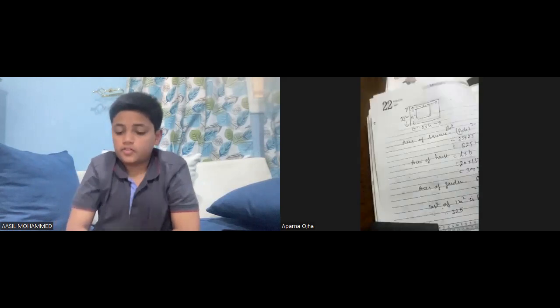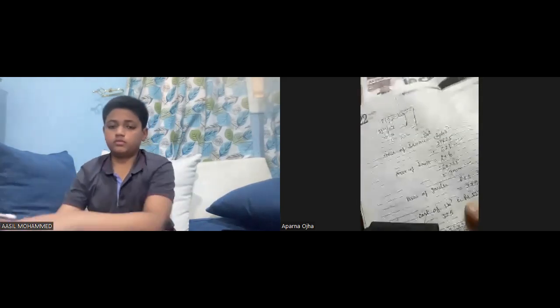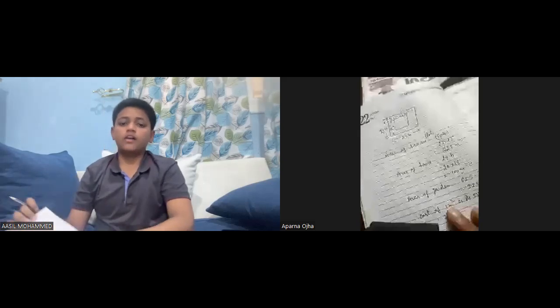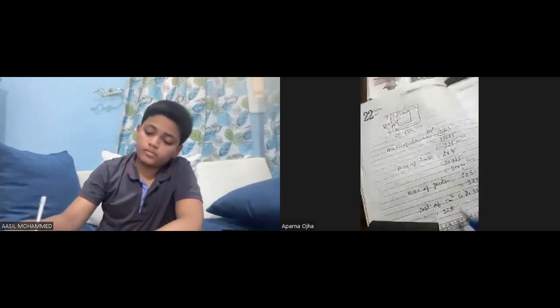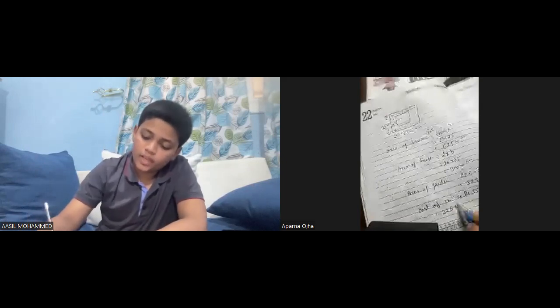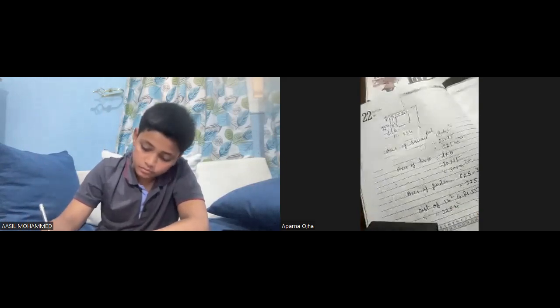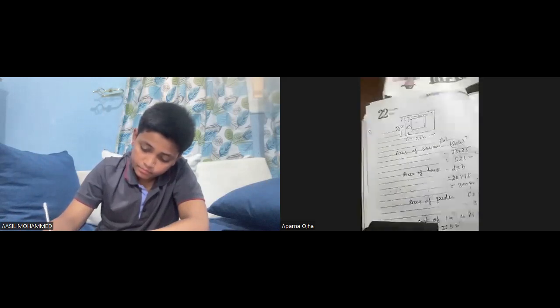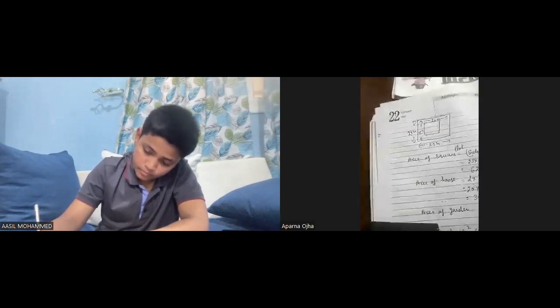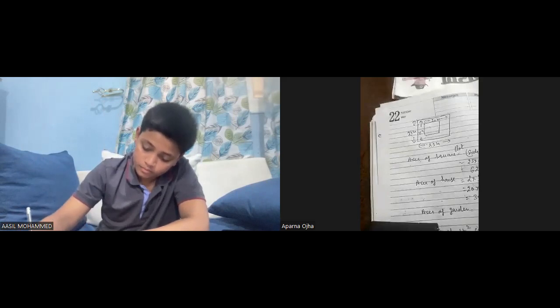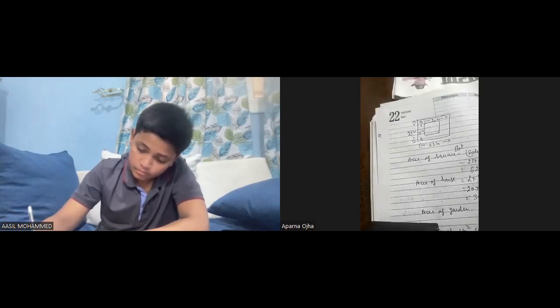Yes, 325 square meter, but you have to find the cost. 1 square meter cost is given as 55. Can you find the cost of 325? We will multiply by 55.